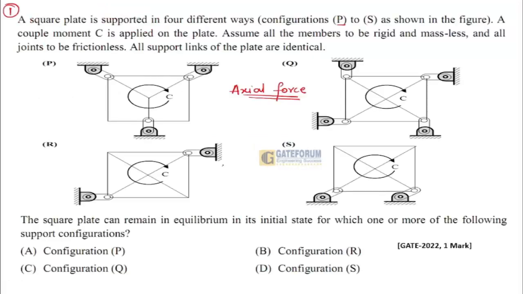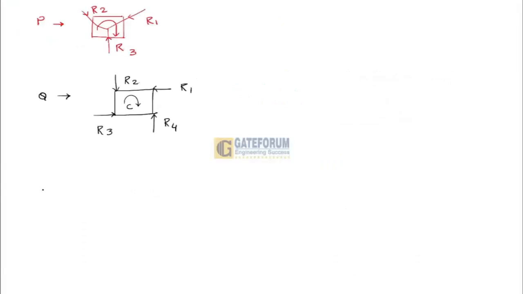Now when we see for R, there are only 2 supports.